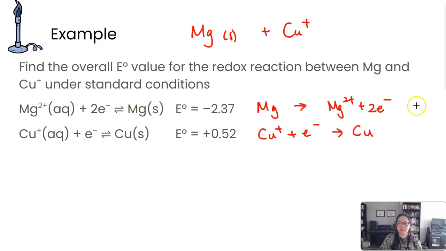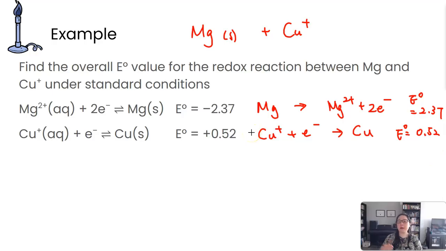And if we look at our E0 values, this is going to be flipped. So instead of negative 2.37, it's going to be positive 2.37. Now for that copper, it's as written, so it's still a reduction reaction, so our E0 is going to stay as it is.